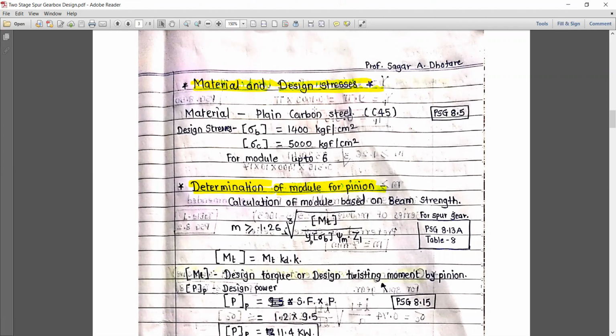From PSG page number 8.5, the value of i is less than 4, and up to module 6, we can consider plain carbon steel, that is C45. Sigma B of that is 1400 kgf per centimeter square, and the value of sigma C is equal to 5000 kgf per centimeter square.